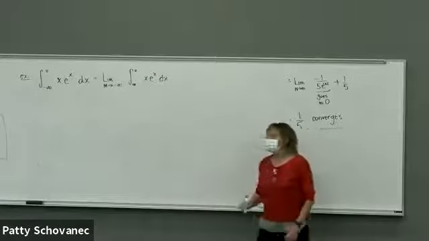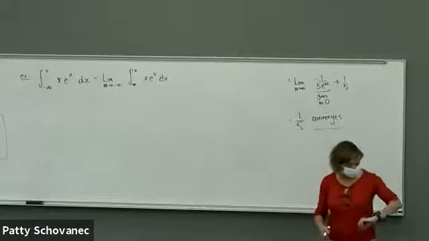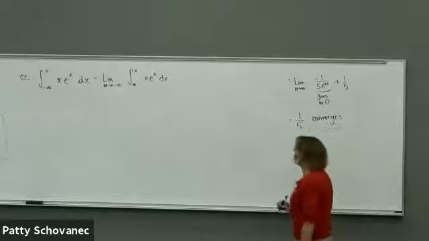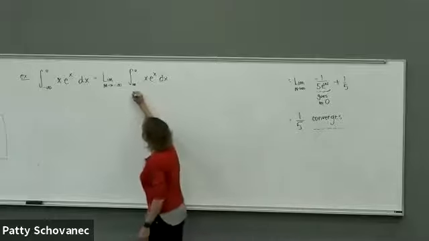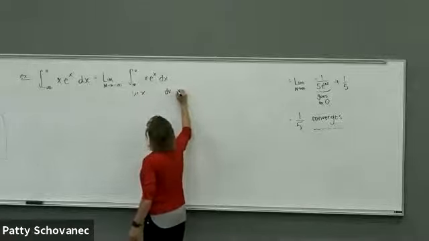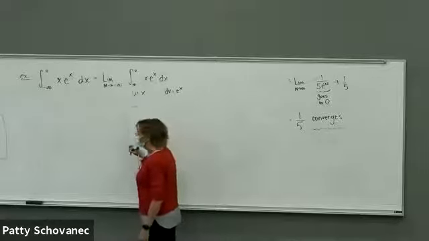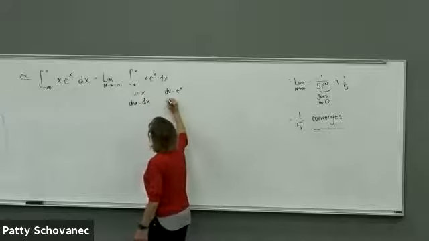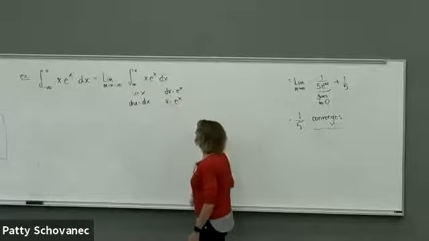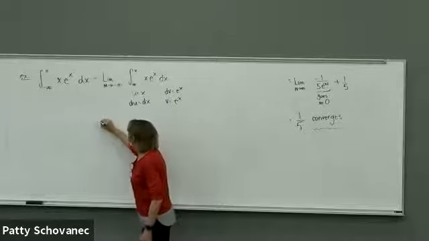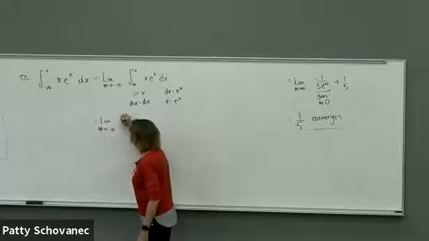The product of x and e to the x is an integration by parts problem, where u is x and dv is e to the x. du is dx, and the integral of e to the x is e to the x. So we're going to take the limit as m goes to minus infinity.